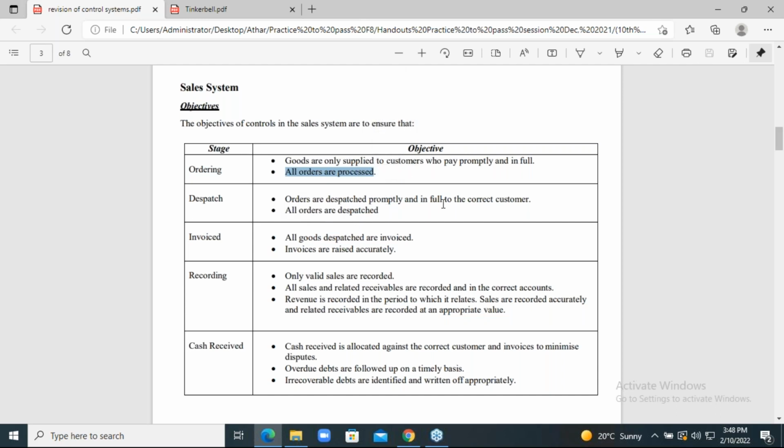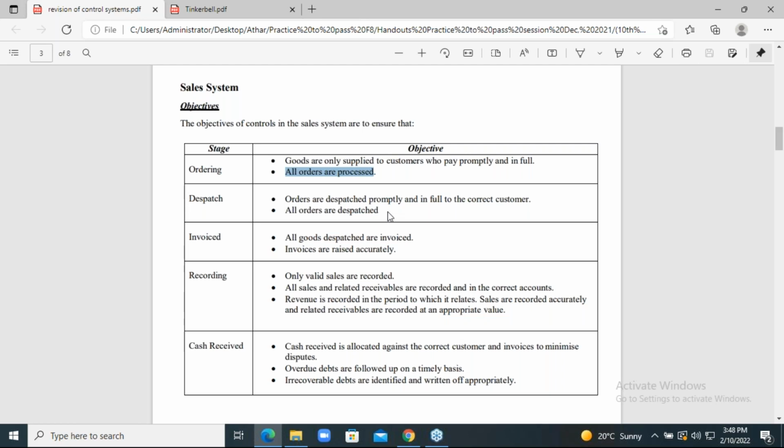Orders are dispatched promptly and in full to correct customers. If orders are sent to wrong customers, these customers will not give us money, and we are working hard 24/7 for this cash and for this money, which is our return. All orders are dispatched. If some orders are missed, once again the customer will not get the required goods, and he will say that this company has never given me my goods at the right time.